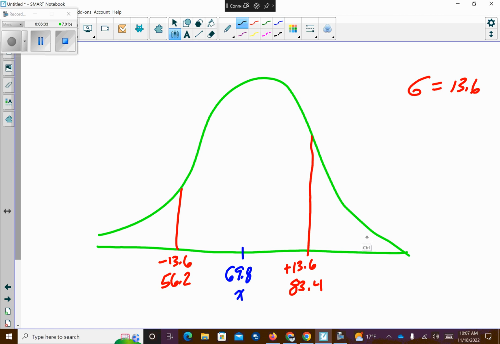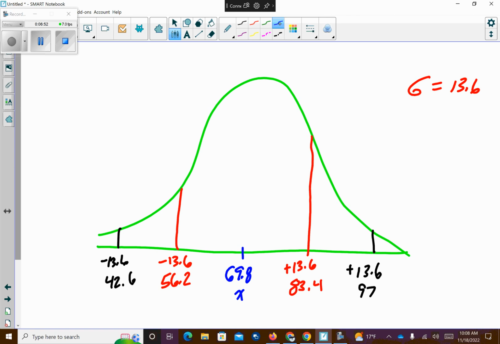Adding another 13.6 takes me to 97, and subtracting another 13.6 takes me to 42.6.